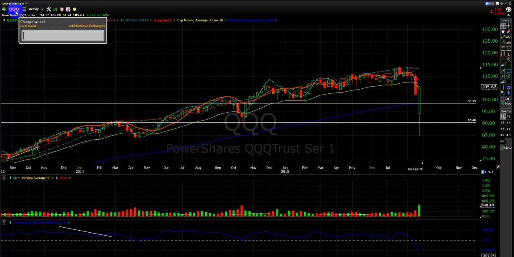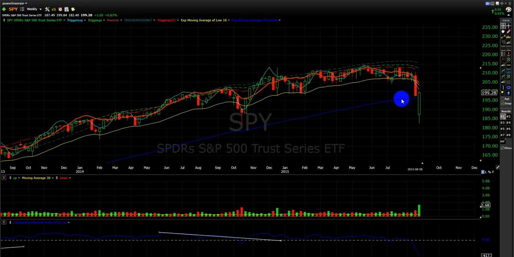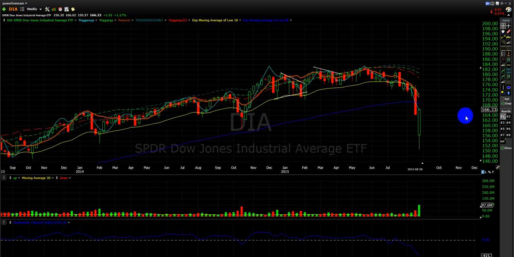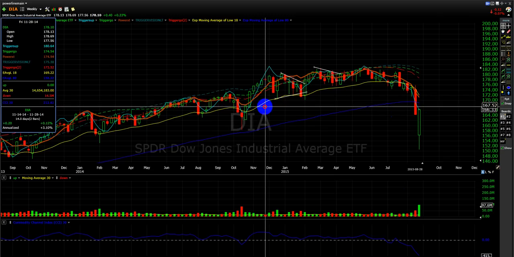SPY doing the same thing. By the way, in this market the SPY is weaker. In order to be a negative market, what I found is that the QQQ, the Diamonds, and the Spiders tend to need to agree. Diamond, of course, is the weakest market. It's the only one that's still below its particular moving average, and it has not been able to reclaim the bounce.